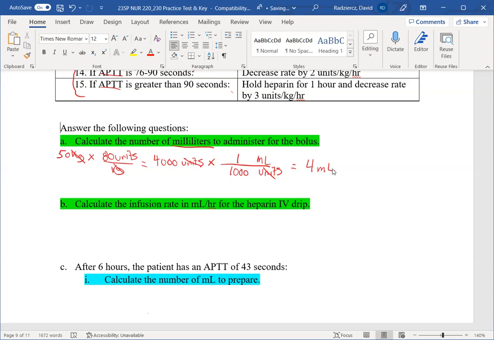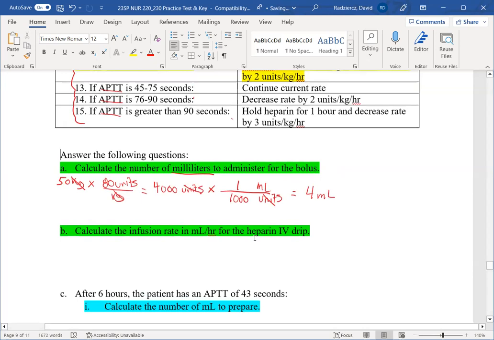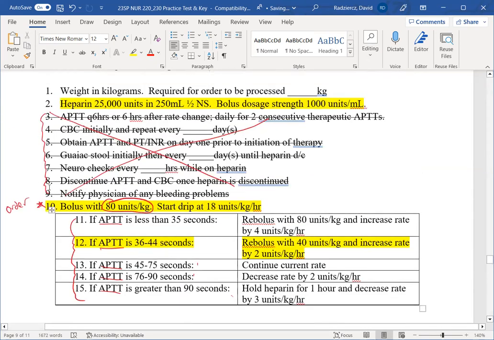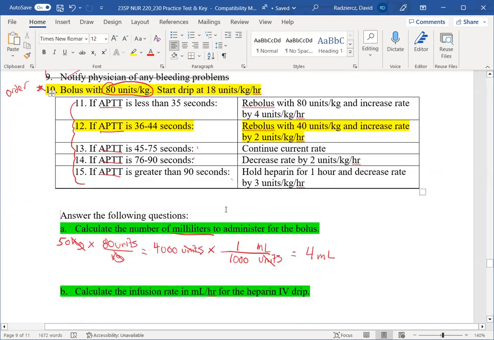Let's do the flow rate. So flow rate, again, going back up to the order, the initial order tells us to start a drip at 18 units per kilogram per hour. So that's what I'm going to do.